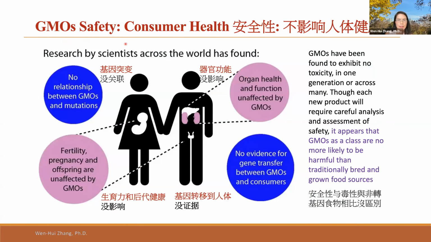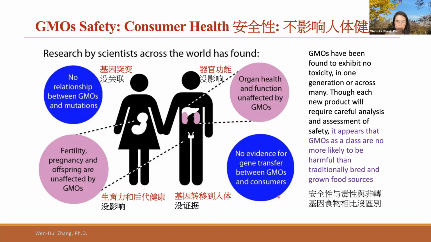So now GMO safety, that's for consumer health. Research across the world has found no relationship between GMOs and mutations in the fetus, and no impact on organ health and function.